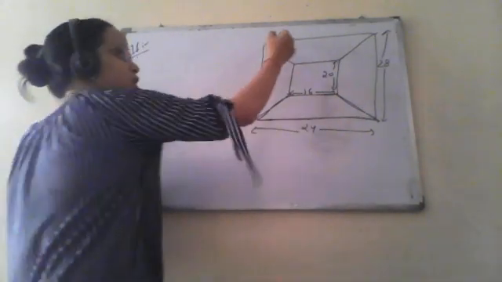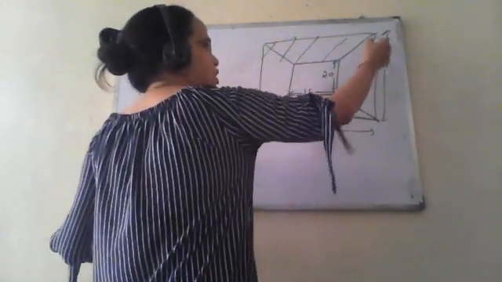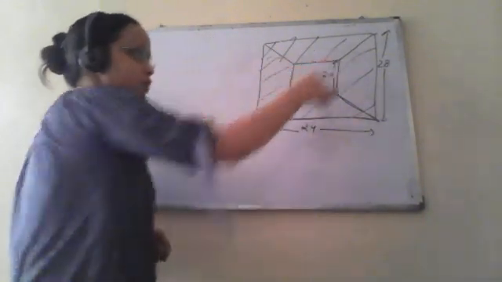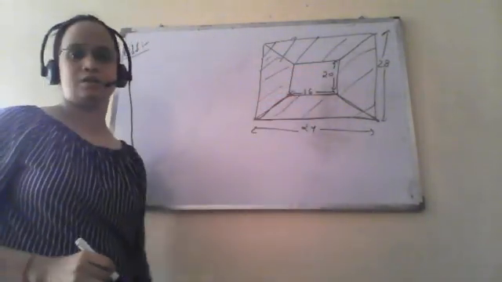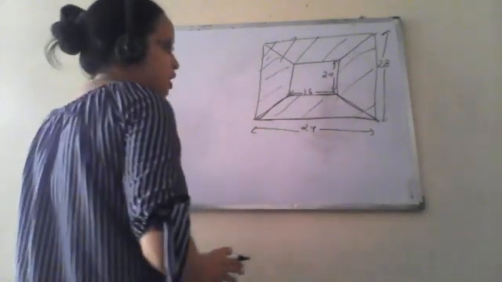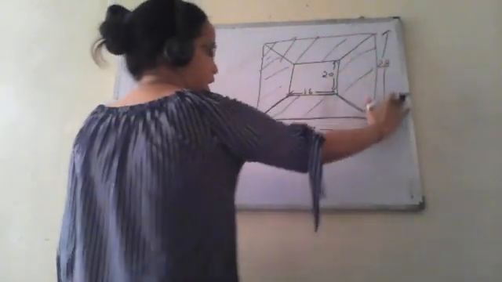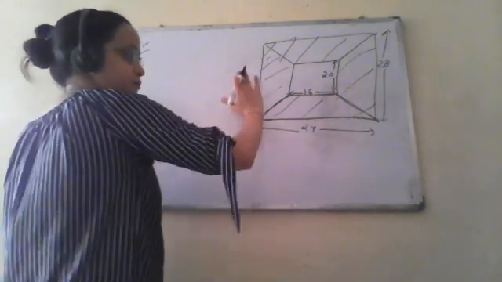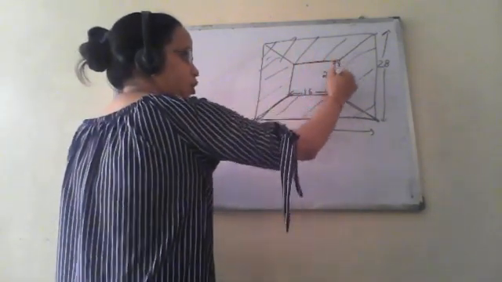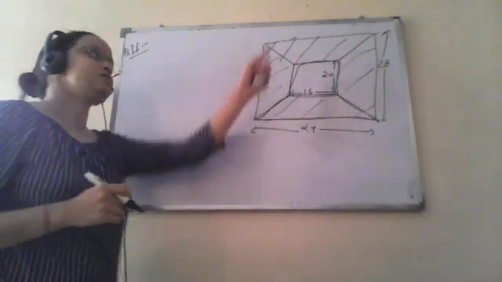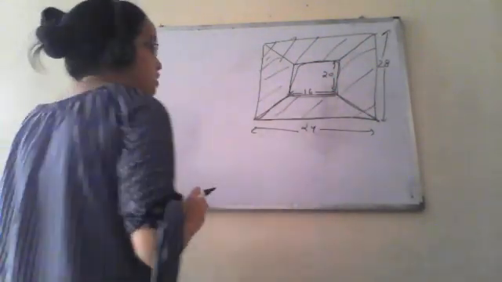So what do we have to calculate? First we will find the area of the shaded portion, because this is the width of this frame. So how can we calculate it? This area will be, if we subtract the smaller area, the inner frame, from this outer area, we will get this area, as I have explained in one of the examples.